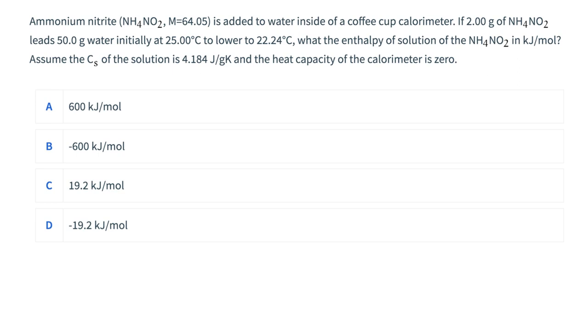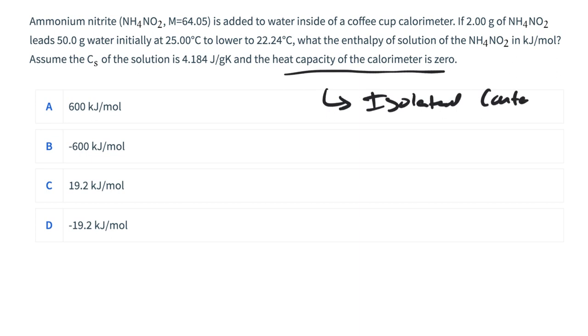And then the heat capacity of the calorimeter. This term here is something you sometimes see. This relates to the way the lab gives you this information. This is just the definition of an isolated container that's not losing any heat or gaining any heat from the surroundings. I'll let lab handle when this isn't zero. The lab maybe talks about how you could add in the heat of the calorimeter, which can absorb heat from the surroundings or give heat to the surroundings.